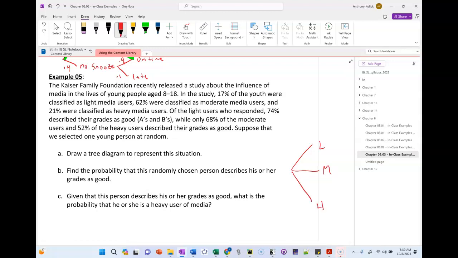Great, let's put the percentages. 0.74. No, 0.17. Okay. Yeah, 0.62 and 0.21. Okay.